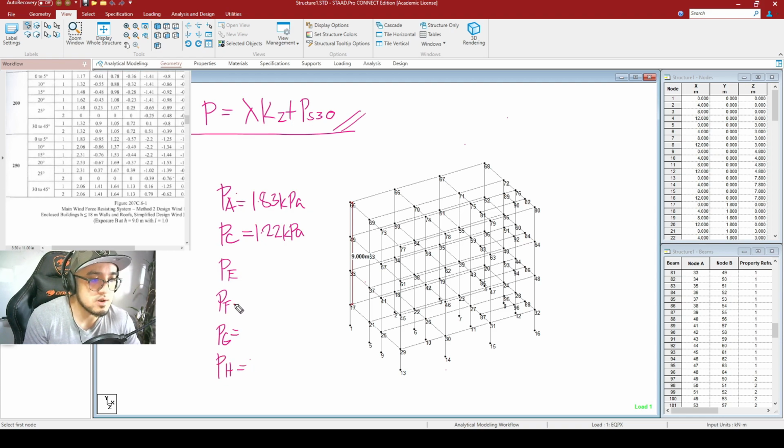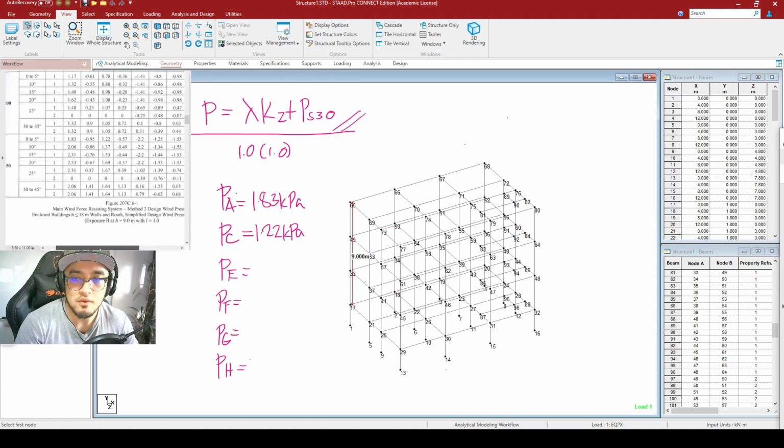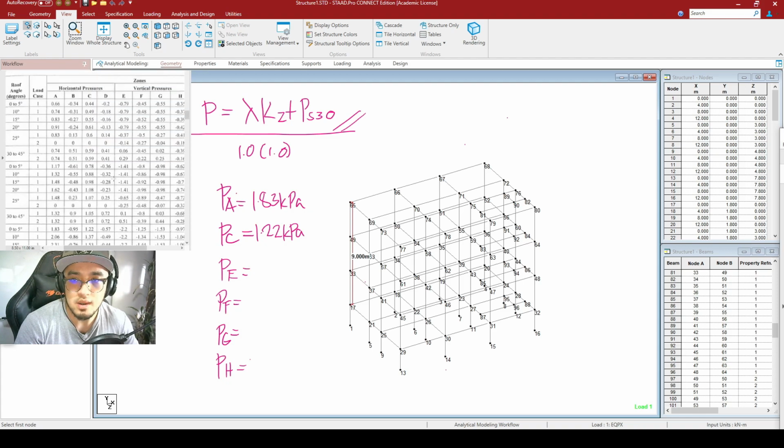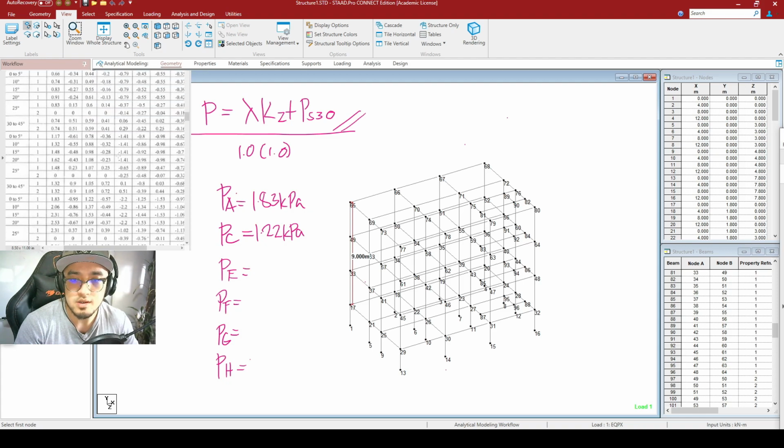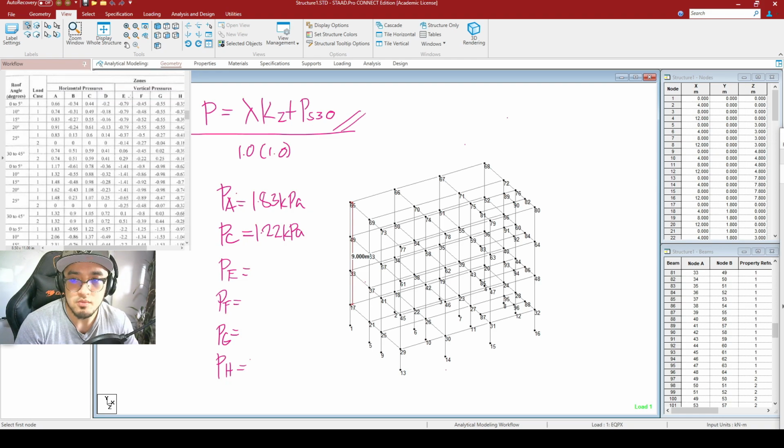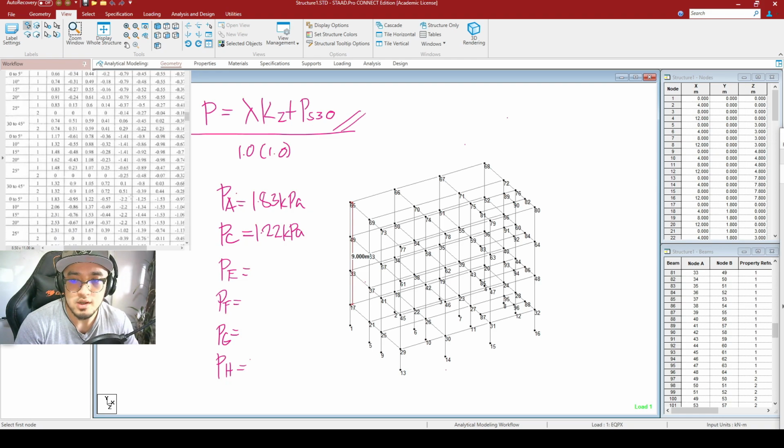Since we are just to multiply it by 1.0 and 1.0, I wouldn't be showing you the solution any longer. So I would just be copying its pressure using the table. So for your PE, where's PE? It is to be in this location right here. So PE is to be negative 2.2 kilopascals.